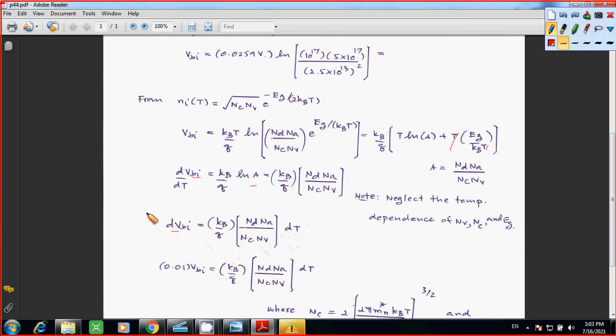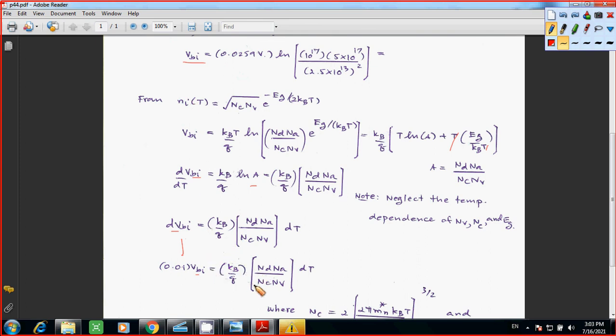For a 1% change of the built-in voltage, that means dVBI becomes 0.01 VBI, and we have a VBI that we already calculated.